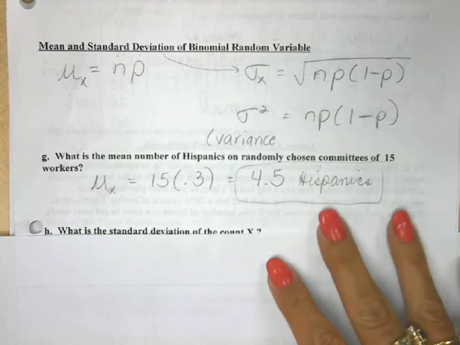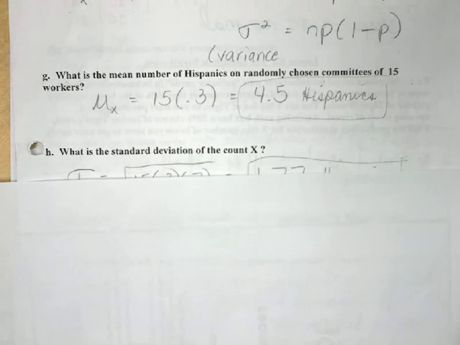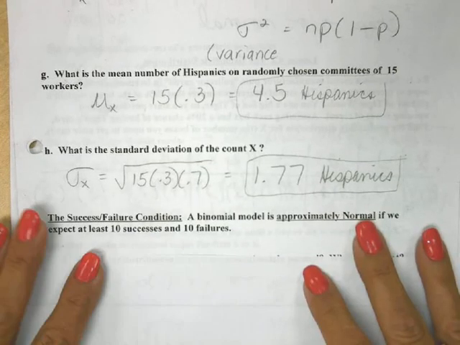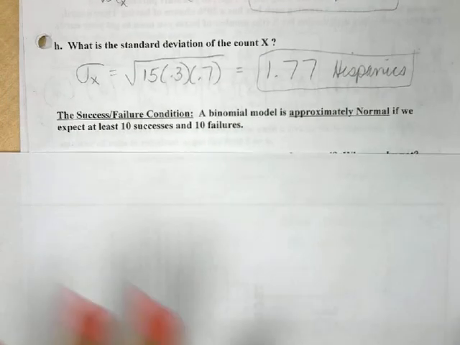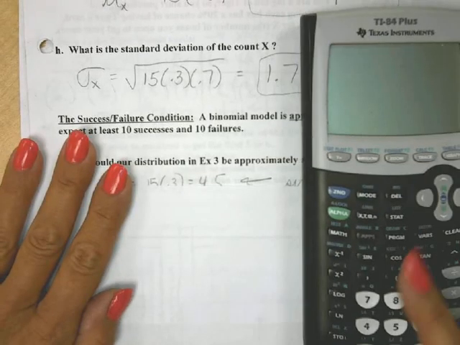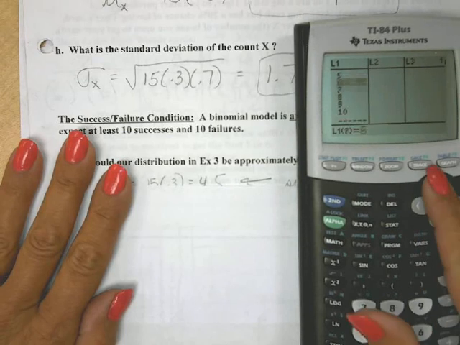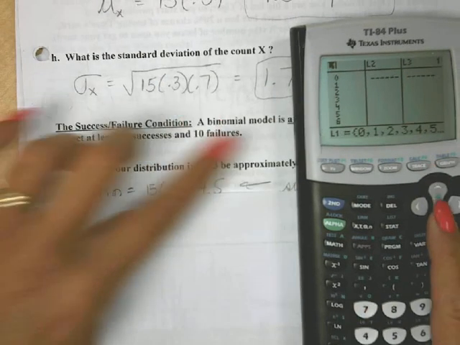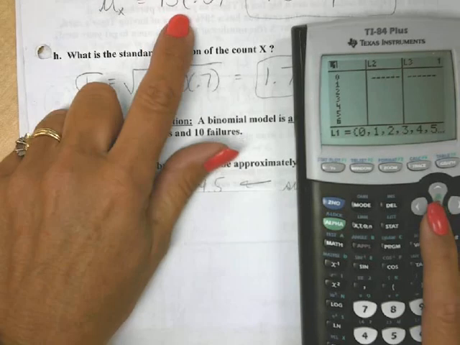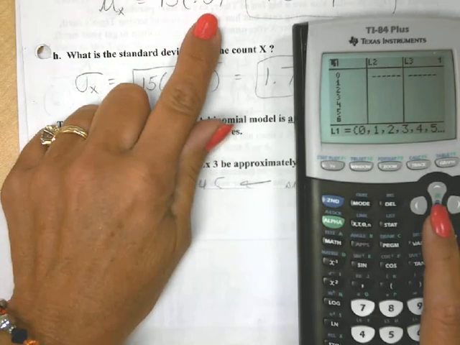Now, if we graph a binomial distribution, we're going to find that sometimes the distribution will look quite bell-shaped. For instance, in our scenario, I've already put in my inputs. Remember, we had 15 people being selected, and a 30% chance of somebody being Hispanic.